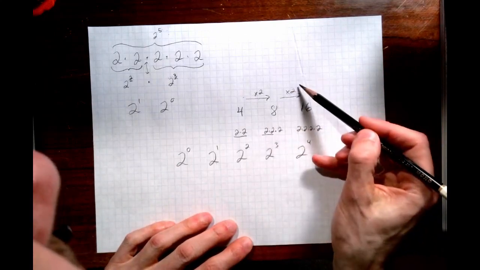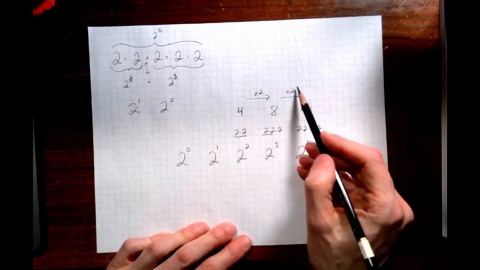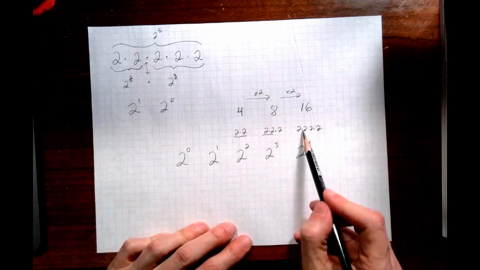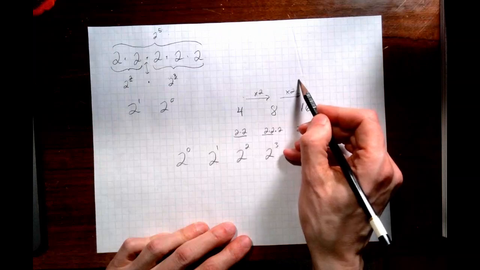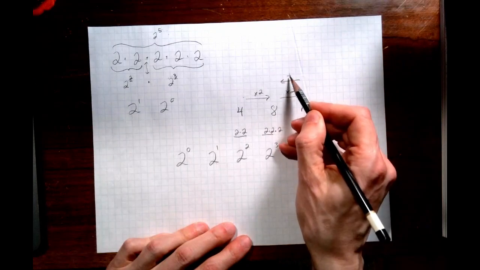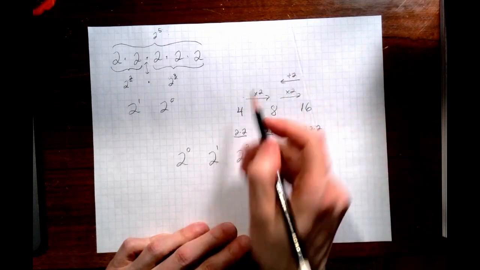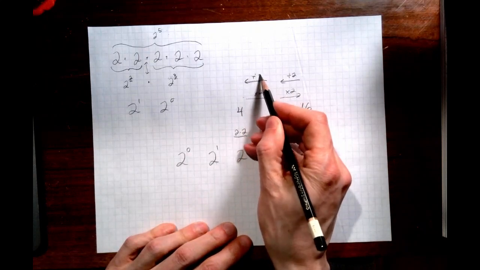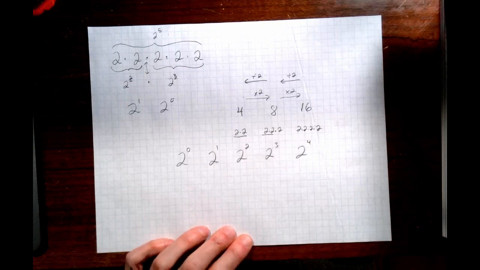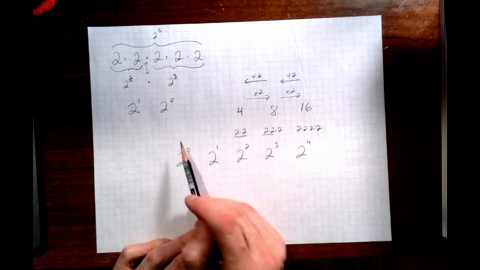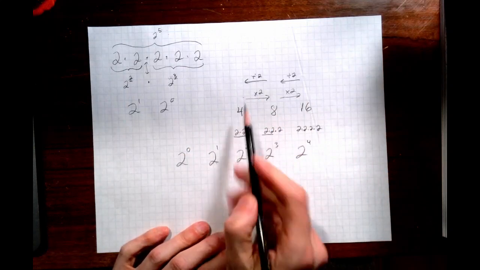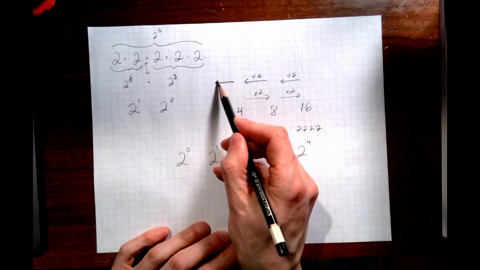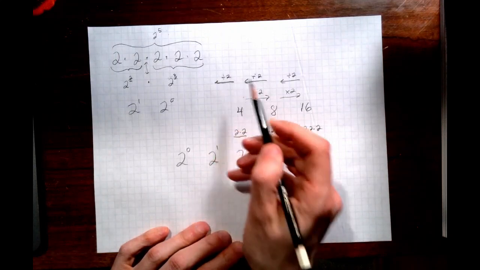What if I want to go back this way? Well, in order to undo multiplying a single 2, I'll just divide by 2. Right? Same thing here. Divide by 2. Okay. Now let's keep going. So what's 4 divided by 2?